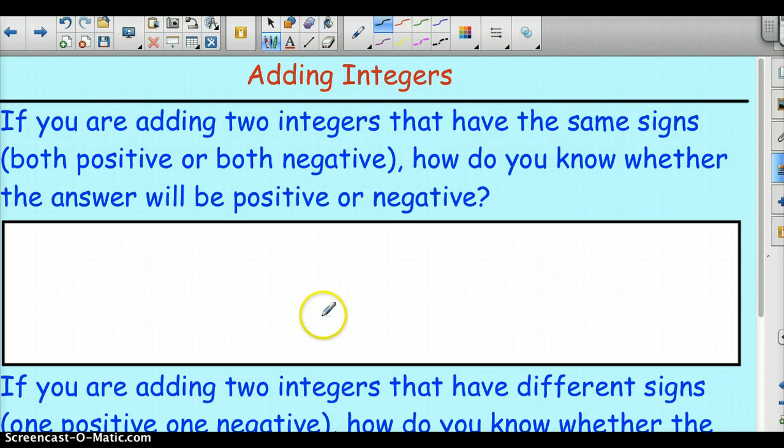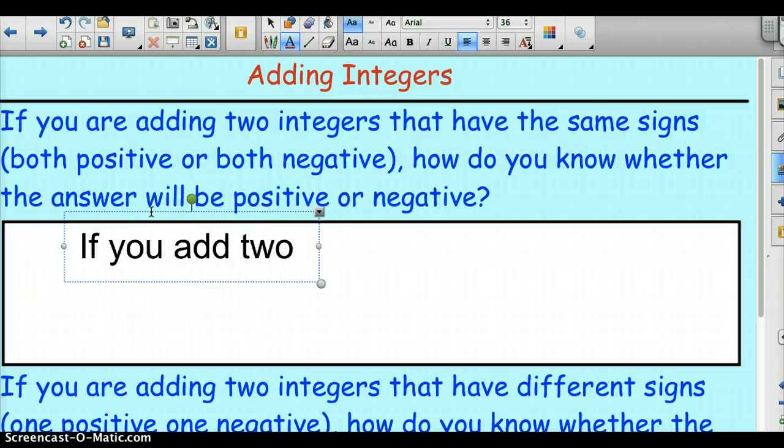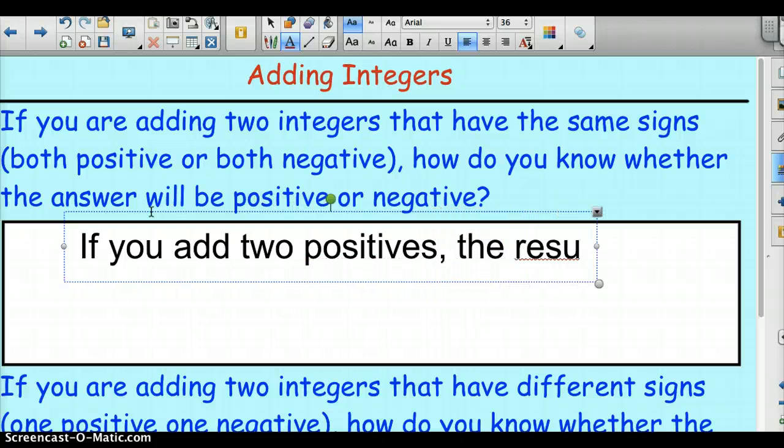We're also going to include addition in this video. When you're adding two integers that have the same sign, how do you know whether the answer will be positive or negative? Well, if you add two positives, the result is positive.